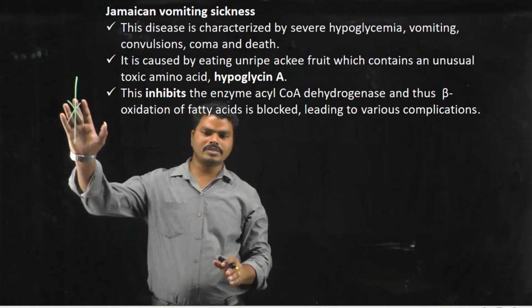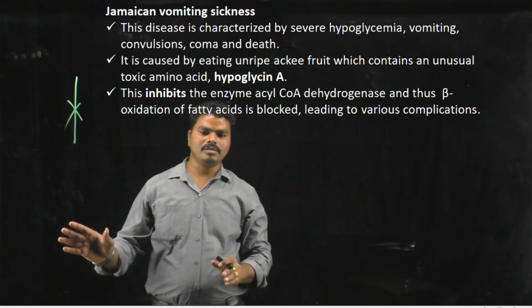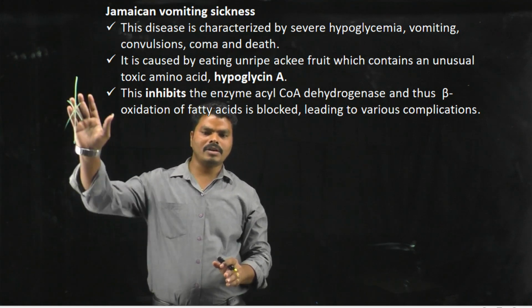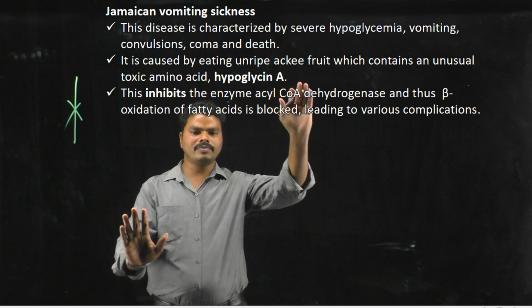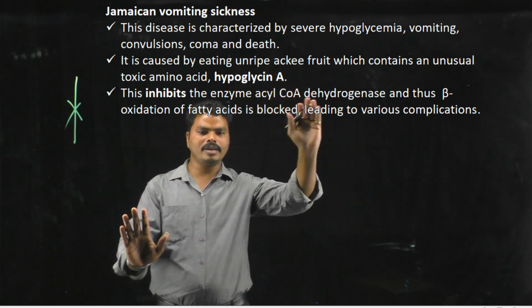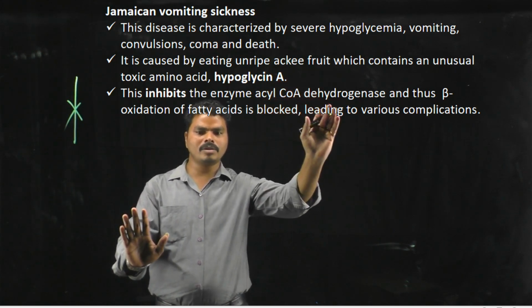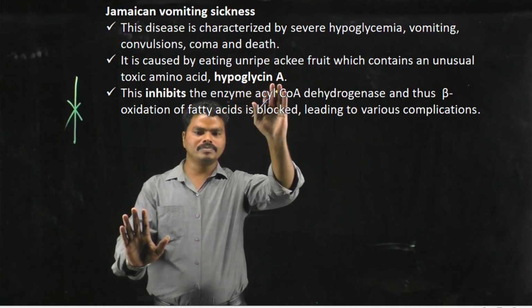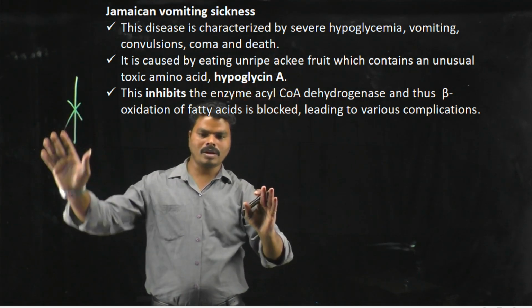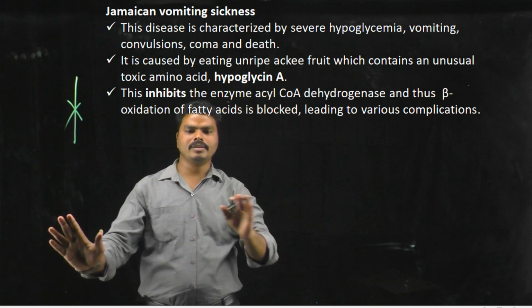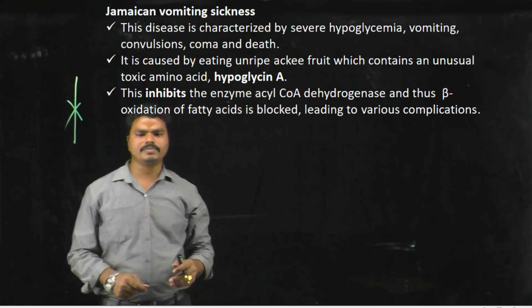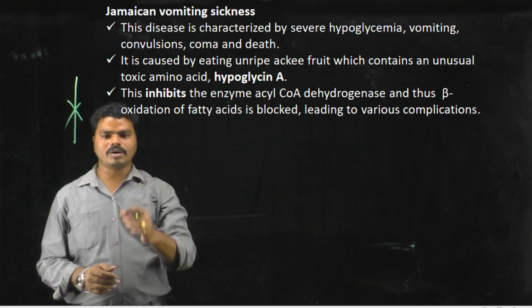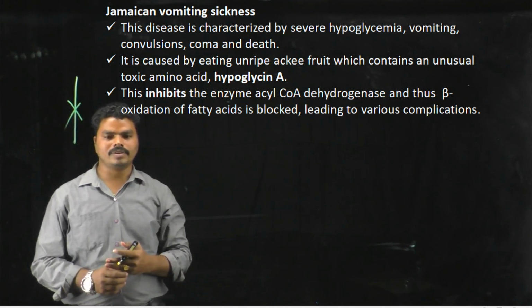Again, the first step of beta oxidation of the fatty acid is the conversion of acyl-CoA to trans-enoyl-CoA by the action of acyl-CoA dehydrogenase. When this enzyme is blocked by hypoglycin A, the whole oxidation process is blocked, and thereby energy is not produced. So that is another disorder of beta oxidation blockage for the fatty acids.